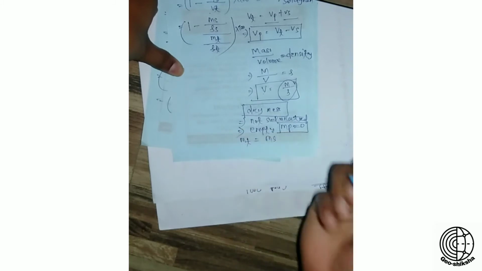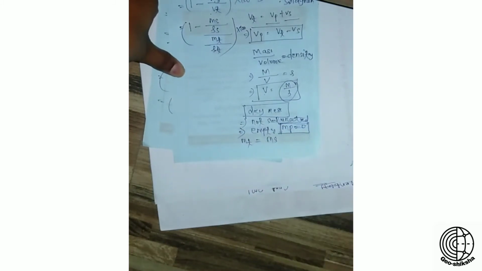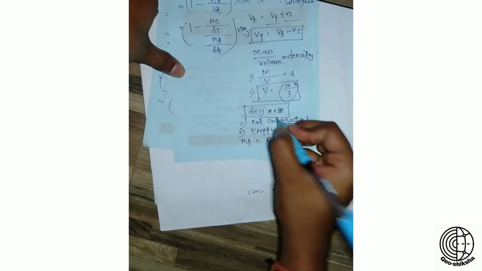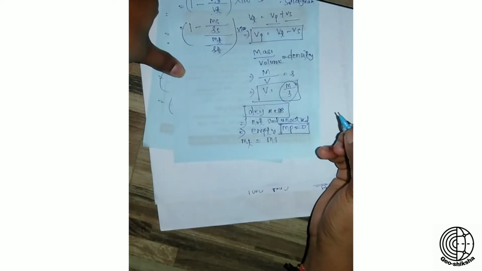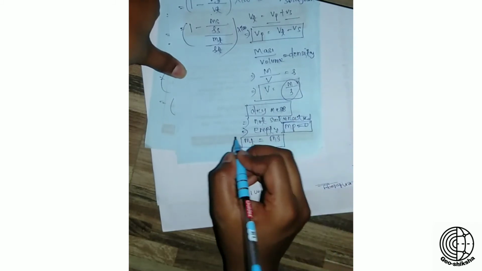The mass of the pore spaces is equal to 0. Why? Because the pore space is empty, there is nothing. So when the body is not saturated, the pore space is not filled, and the total mass is equal to the mass of the solid grain.